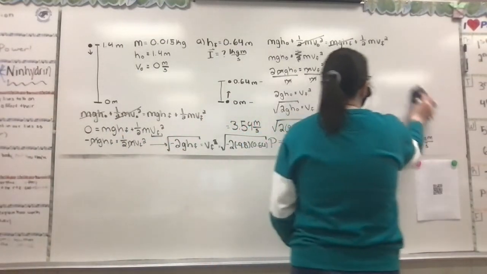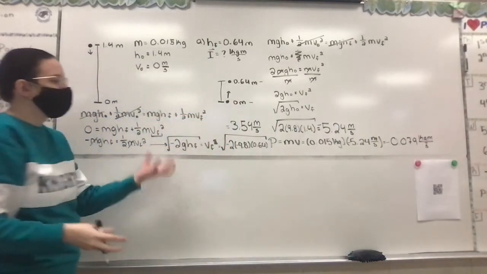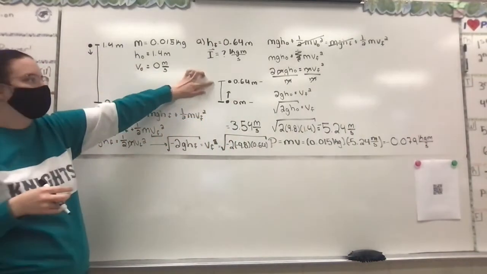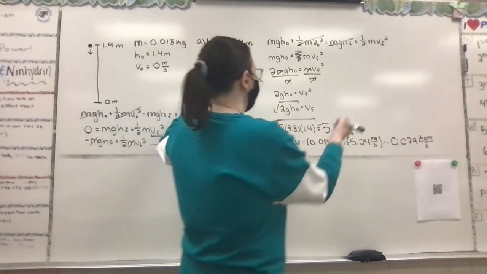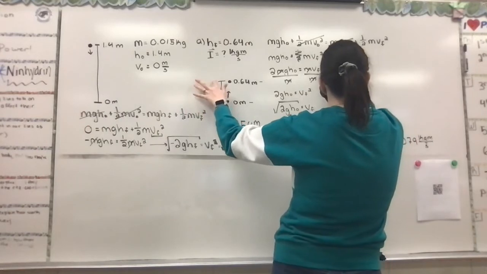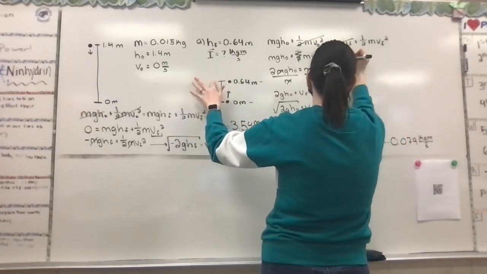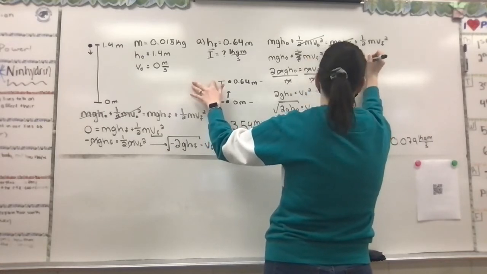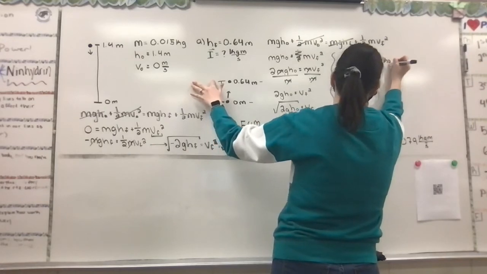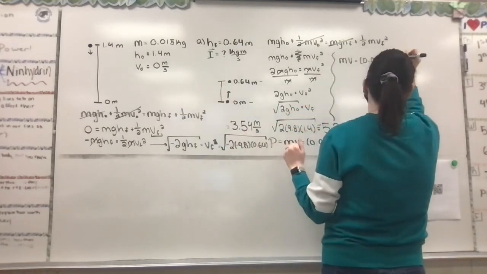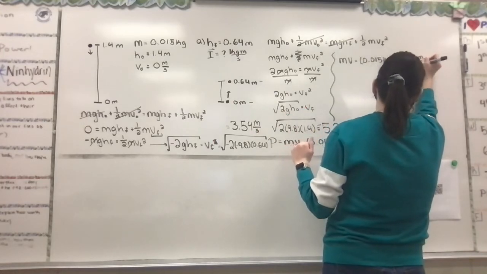Okay. So now that we have that, can we find the object's final momentum up here? Yeah, what are we going to do? Momentum is equal to what times what, you guys? Mass times velocity. So we're going to want to say 0.015 kilograms times that velocity we just found of 3.54 meters per second.